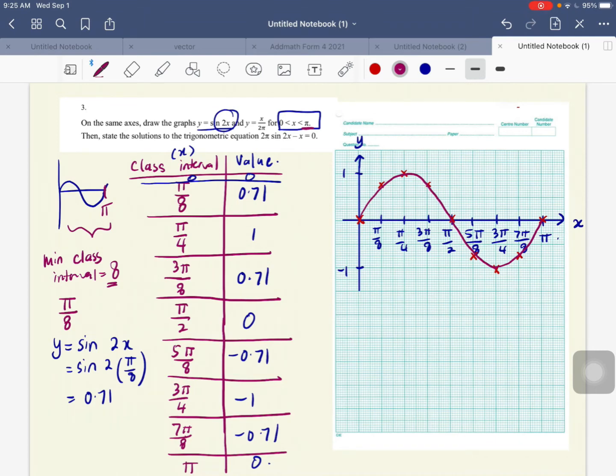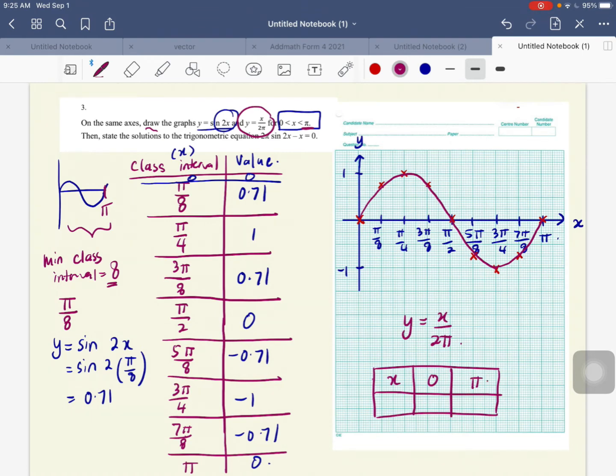The next one is we have to draw another graph, y equals x over 2 pi. For this one, I just need to take two values, which are clearly 0 and pi. If I substitute x equals 0 into this formula, I get 0.